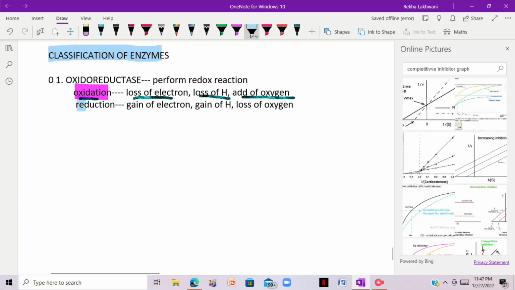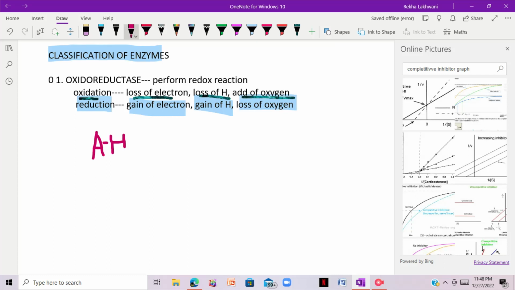Now what is the work of this enzyme? Basically, for example, this is chemical reaction A. I'm having AH, with hydrogen attached, and I'm having another reaction which is B. And when I catalyze this reaction, I'll put this enzyme oxidoreductase.